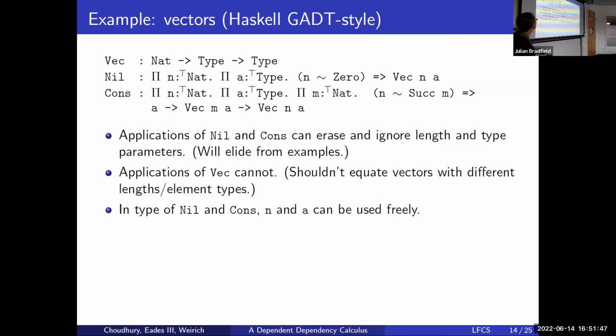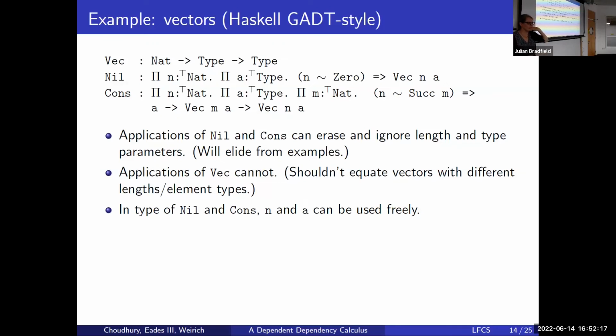When I have a vector, I don't want to store the parameters to the vector. When I have nil and cons, I don't want at runtime to keep around the length of the vector and the type of elements in the vector, because I have everything at compile time. I know it from the type of the vector, so I shouldn't have to have it at runtime. So I want to be able to both erase and ignore length and type parameters for nil and cons.